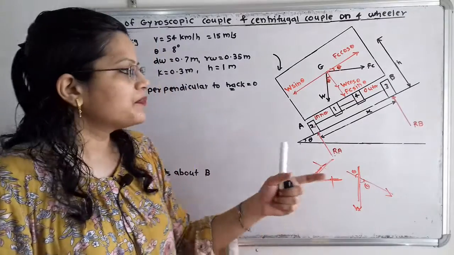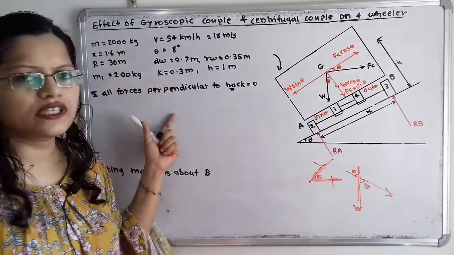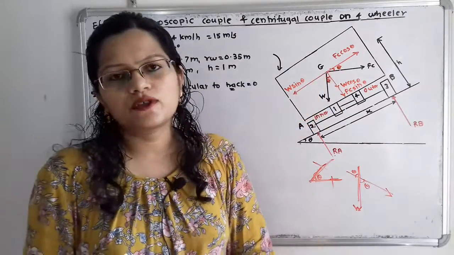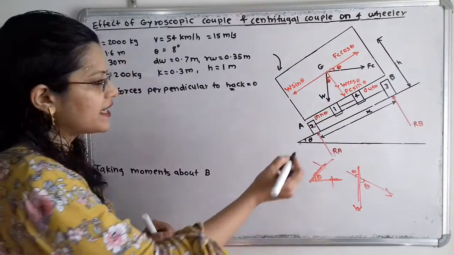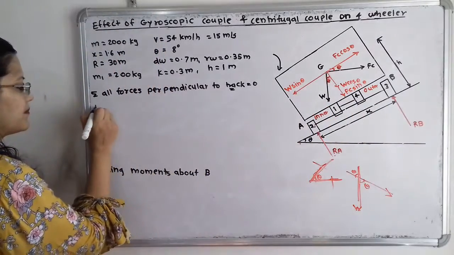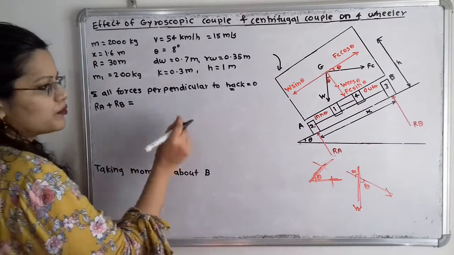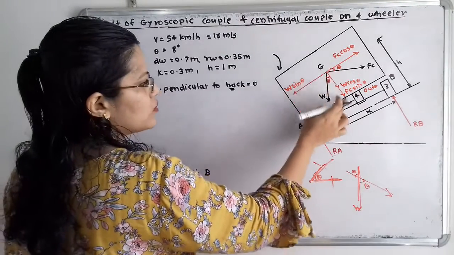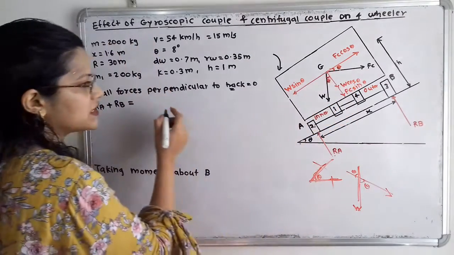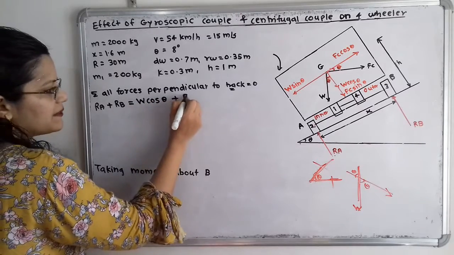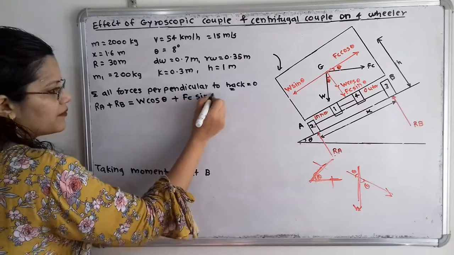So I will take the same direction forces on one side, and the opposite direction forces on the other side. So I will take RA plus RB is equal to, because both are in the upward direction, W cos theta plus Fc sin theta.